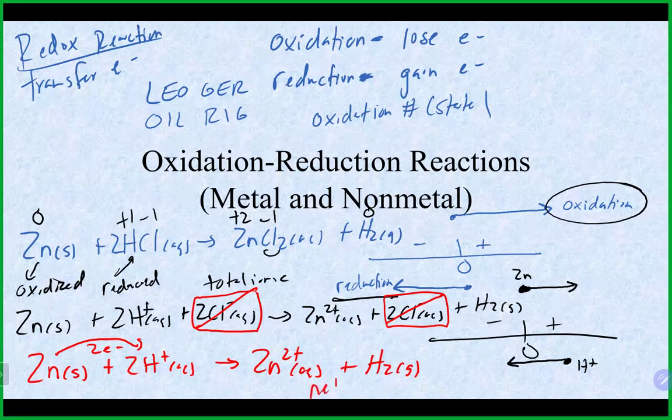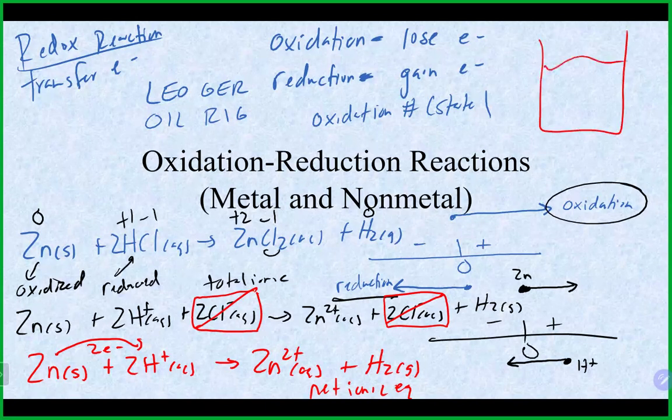So once again, electrons being transferred is what is happening here. There's a net ionic equation there on the bottom. So you did this experiment with a really big piece of zinc, otherwise it would have completely disappeared.